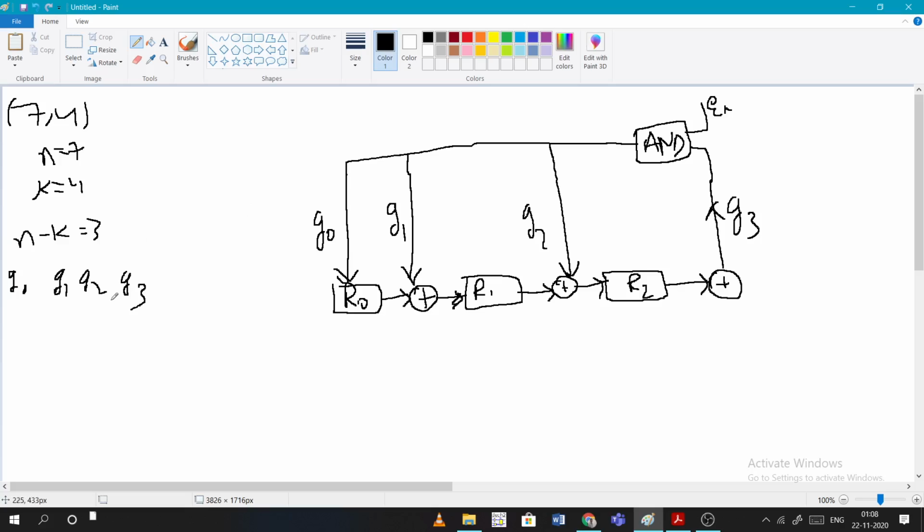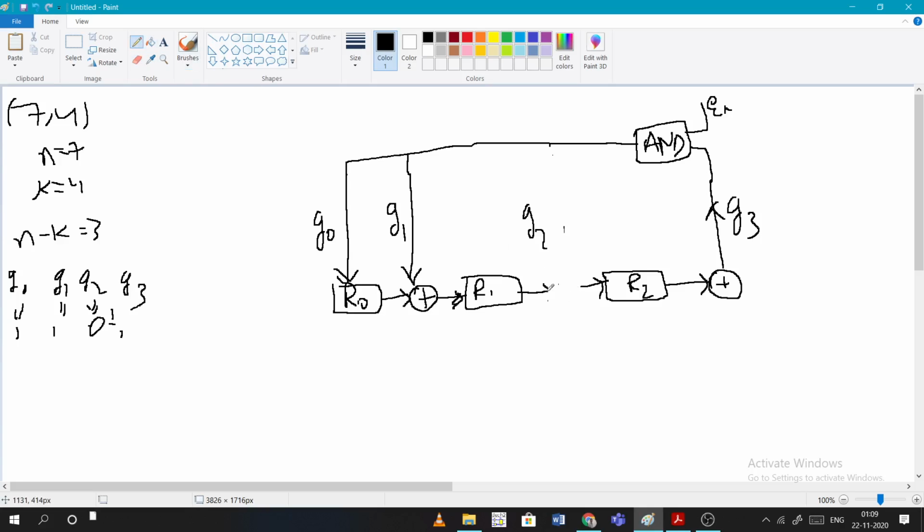Actually, here G0 is 1, G1 is 1, G2 is 0, G3 is 1. Since G2 is 0, we don't need to draw this line, and also no need to have that modulo-2 adder, because nothing is added. Only one input is there, so no need of an adder in this case.